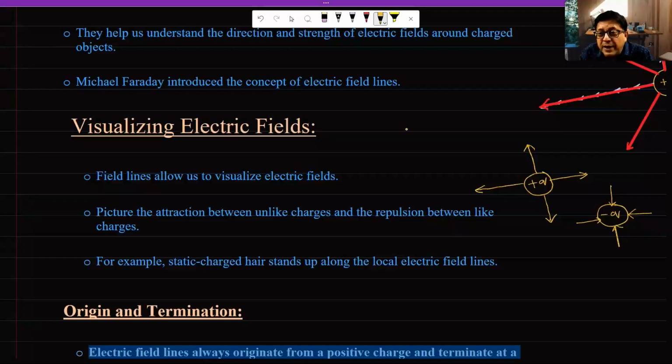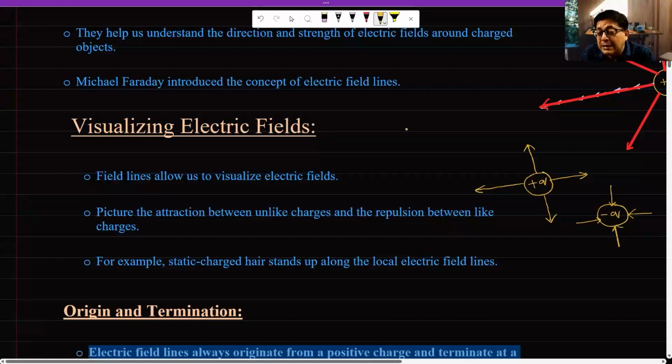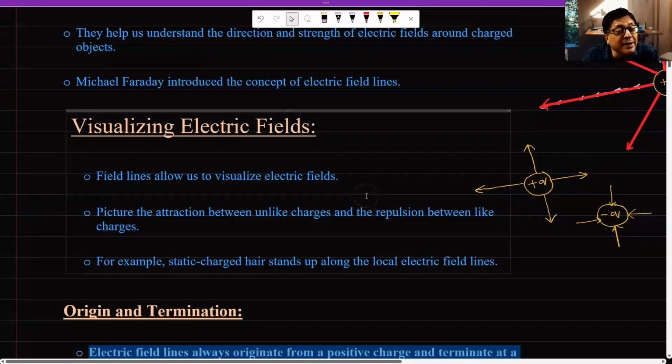So this tells us the direction of electric field due to one positive charge and due to one negative charge. Now, these field lines can be drawn due to 2 isolated positive charges, due to 2 isolated negative charges also, and due to 1 isolated positive charge and 1 negative charge. Field lines allow us to visualize the electric field.